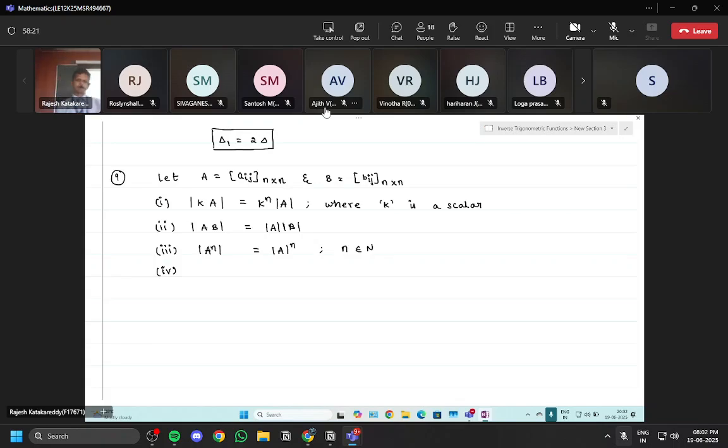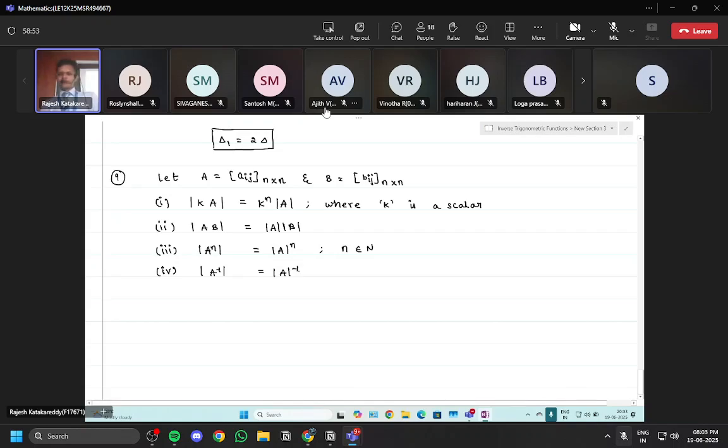About inverse, you will learn later. Determinant of A inverse is equal to determinant of A power minus 1. Let us see if we missed anything in this. As far as I remember, right?